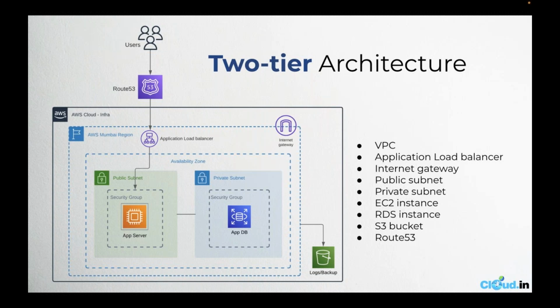Then the public subnet is a component where resources are accessible from the internet. If you want the application to be public facing, you need to keep it in the public subnet. The private subnet is not accessible from the internet and is usually used to host resources that require additional security.